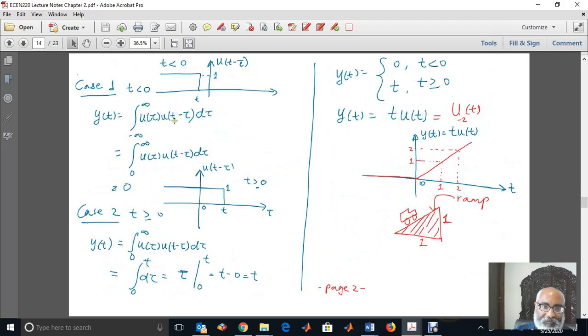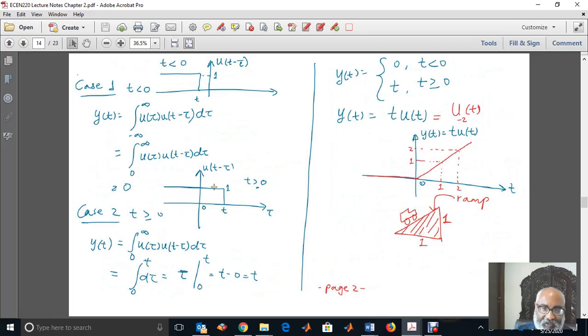So if t is less than 0, this product is 0. So the result is 0. If t is greater than 0, if I multiply by u of tau, the non-zero result will be between 0 and t.